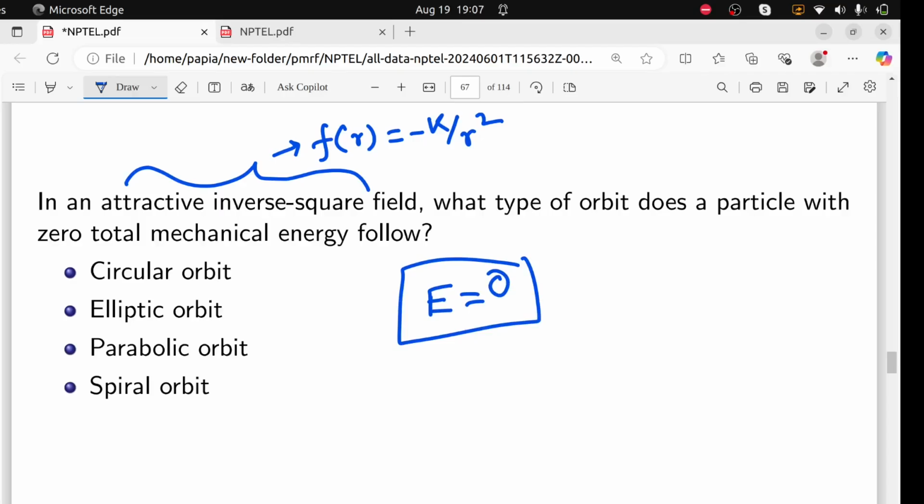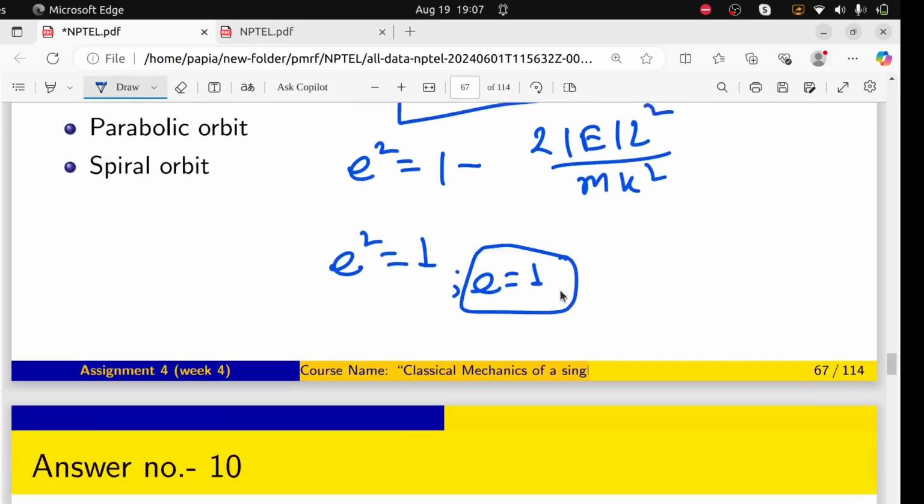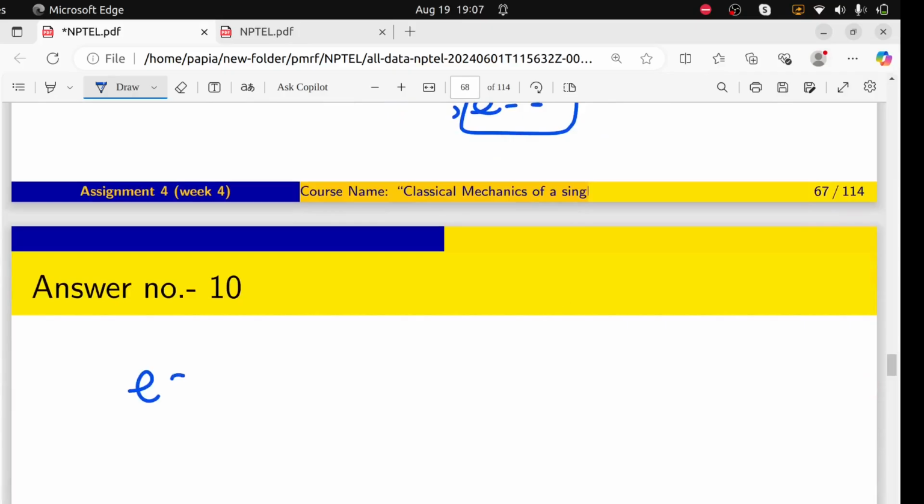I can tell you one thing: E square is 1 minus 2 E L square by K square, something like that. So if E is 0, you can see E square is 1, so E equals 1. If E equals 1, what type of conic section is there? E equals 1 represents a parabola.